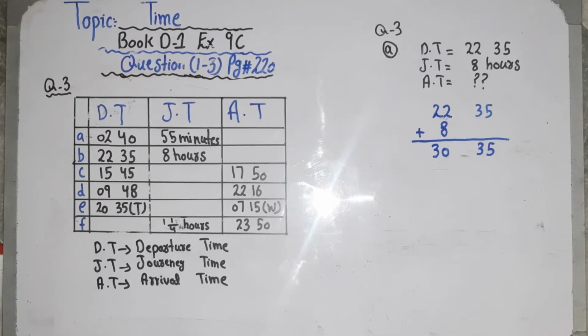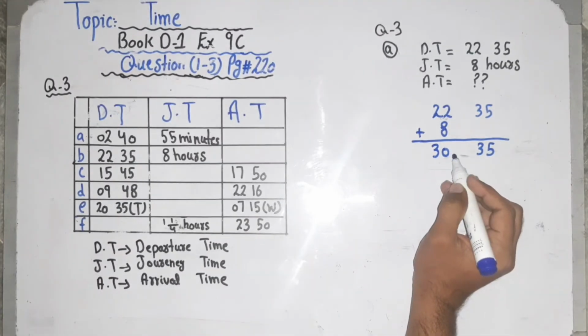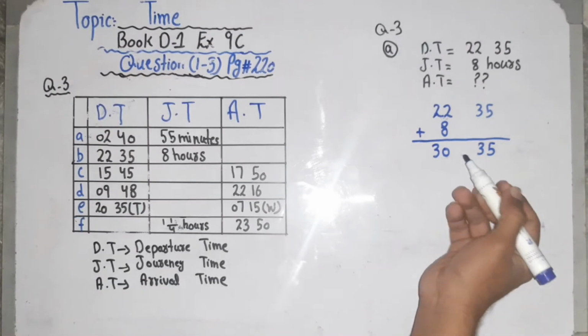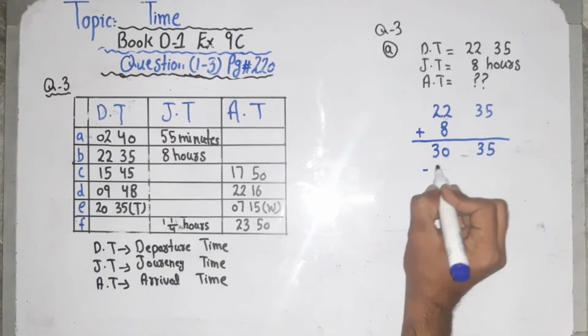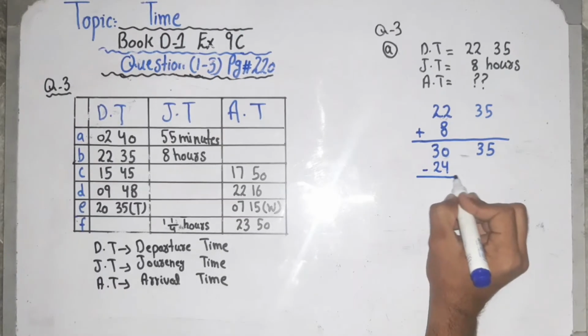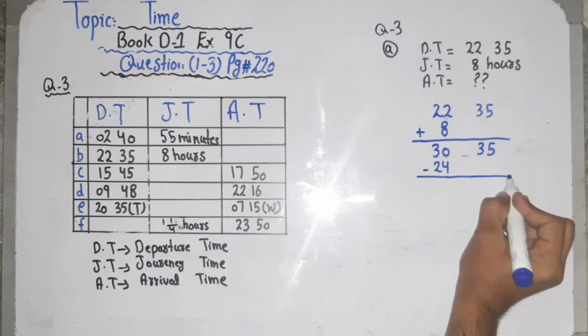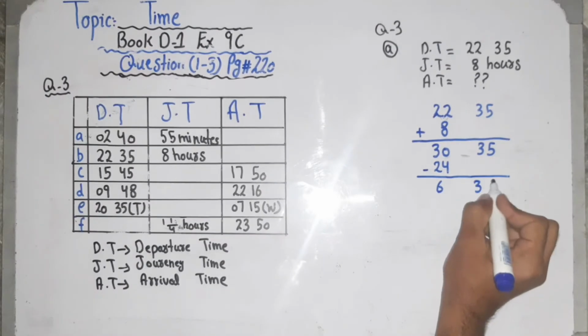In a 24-hour clock, hours cannot exceed 24. So when hours become equal to 24 or exceed 24, we have to subtract 24 from hours. So this will be 6:35.